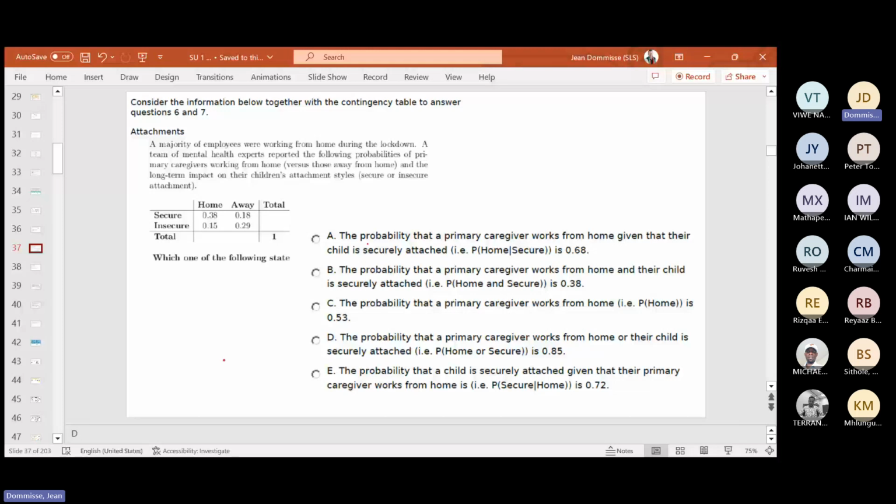The first option is the probability that the primary caretaker works from home, given that their child is securely attached. So home and secure. Okay, so we need that total of secure. So that is 0.56.